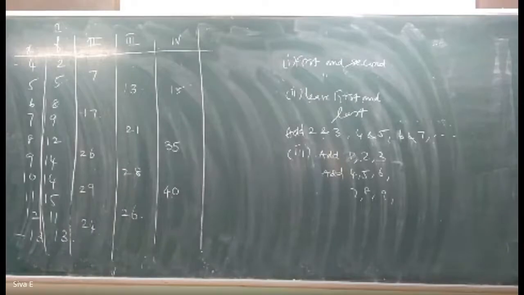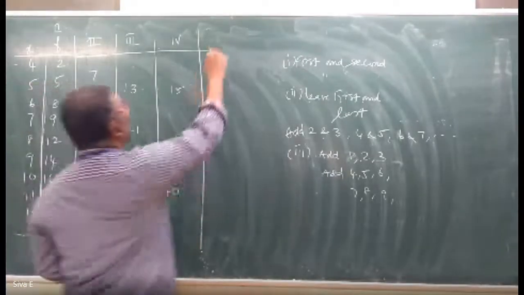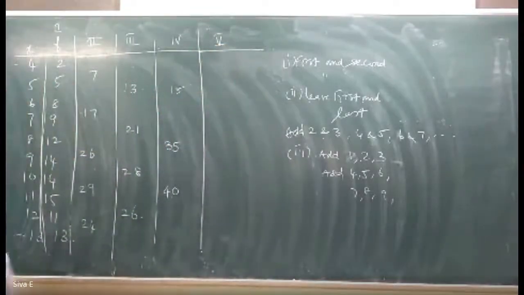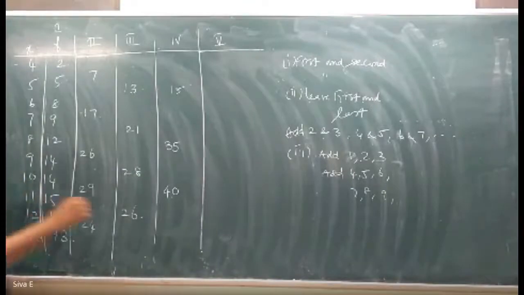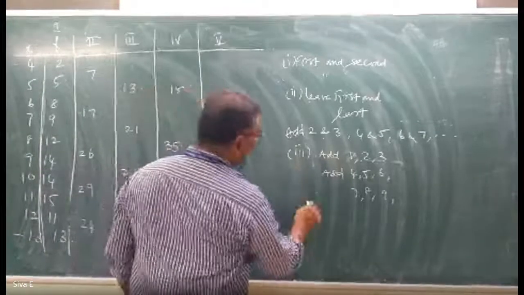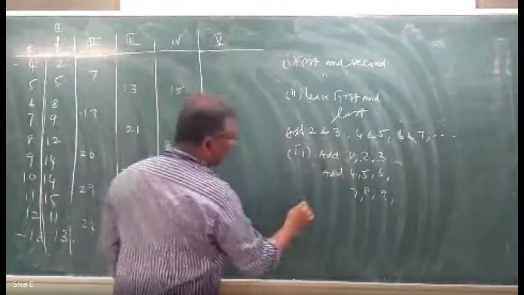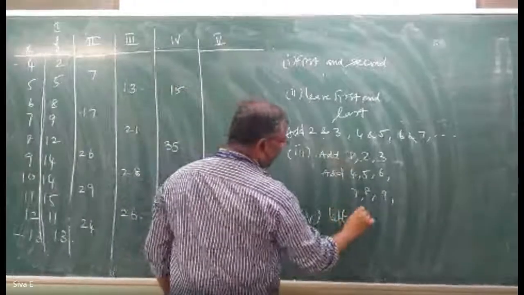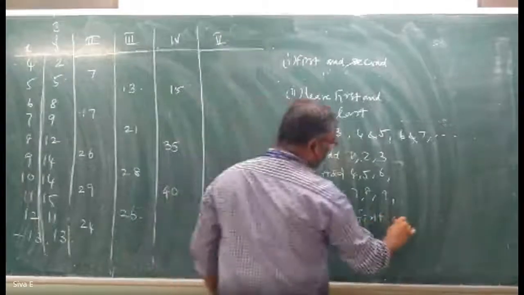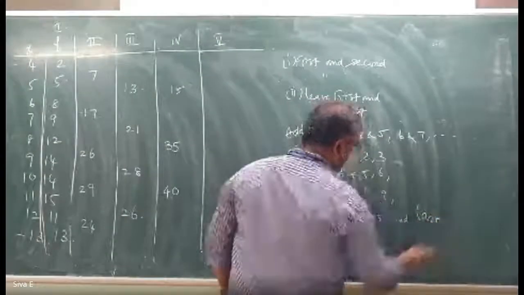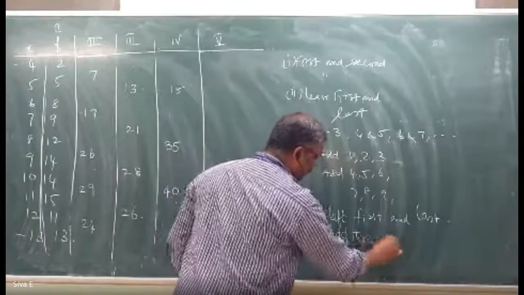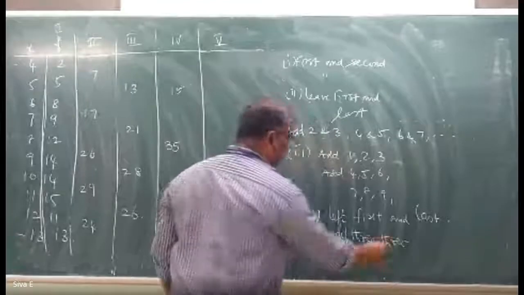Now the next step is the fifth column, which is leaving the first and last items.